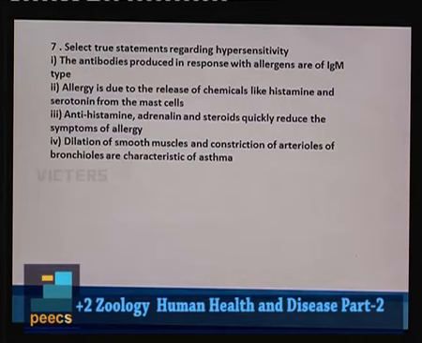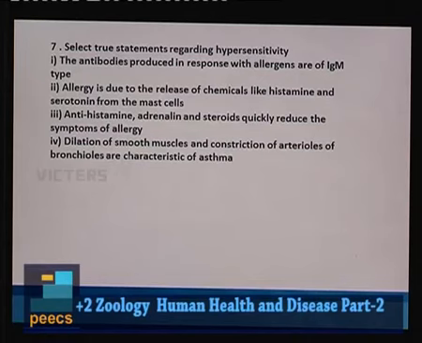Allergy is due to the release of chemicals like histamine and serotonin from mast cells. That is true. Antihistamine, adrenaline and steroids quickly reduce the symptoms of allergy. This is also true. We cannot cure allergy, but we can treat it.